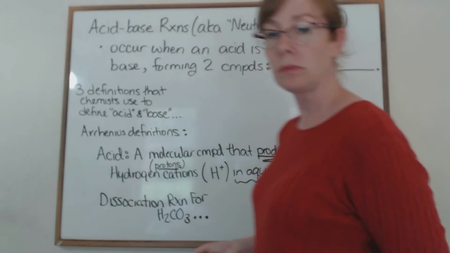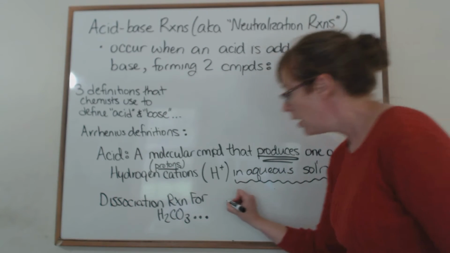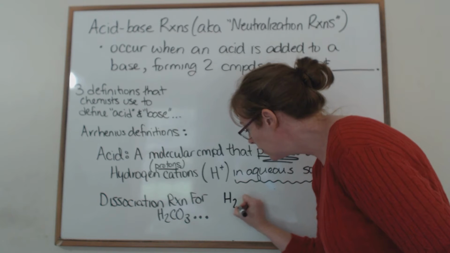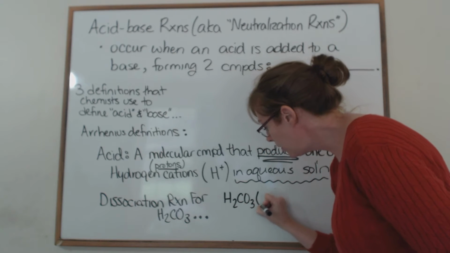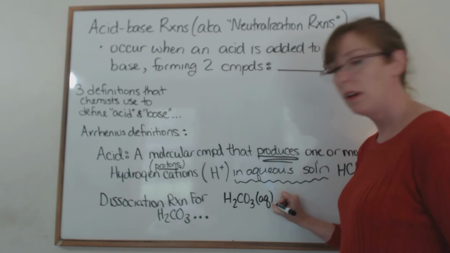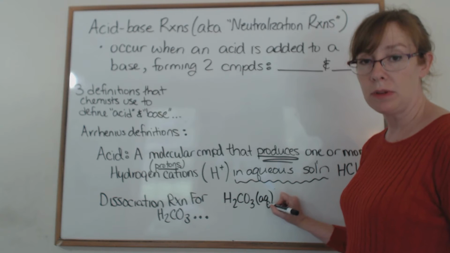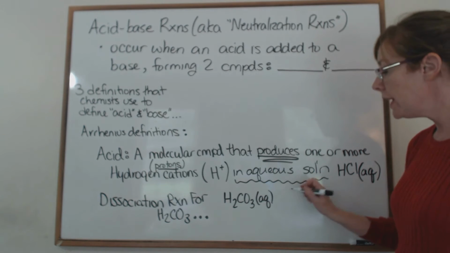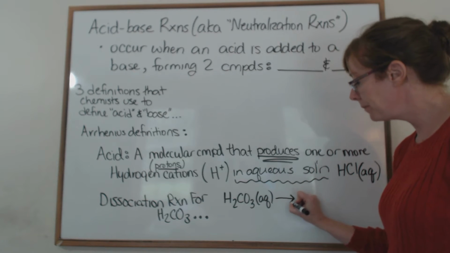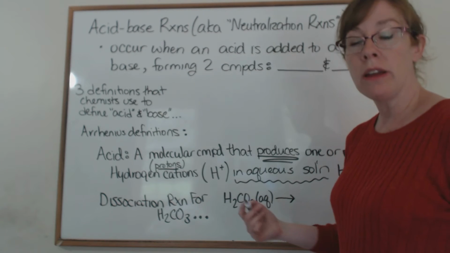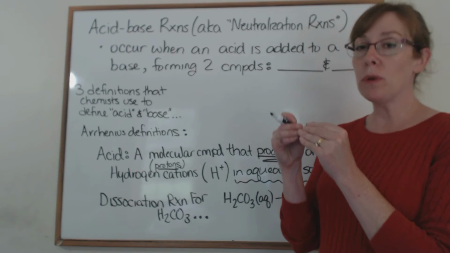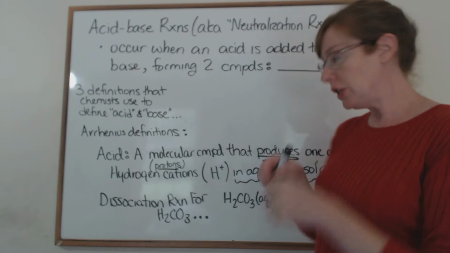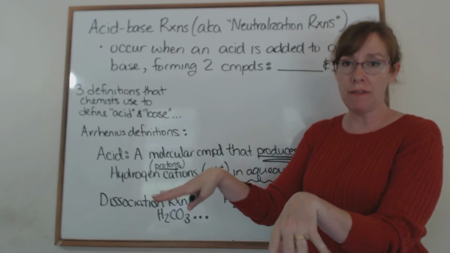So carbonic acid, we know its phase label, aqueous. When it releases a proton, these polyprotics always release one at a time. The two hydrogens don't fall off at the same time.